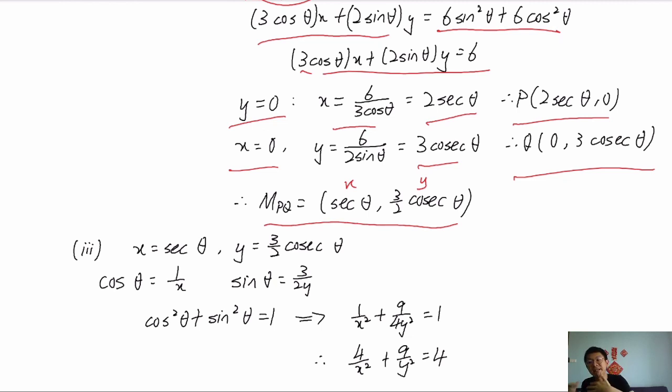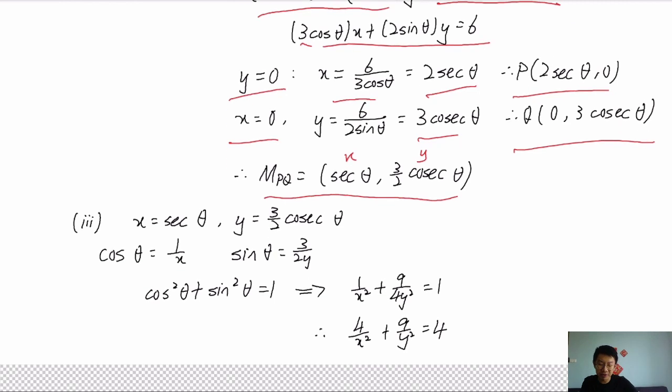So by changing the value of theta, we will have different values for x and y. Different values of x and y will form a curve.